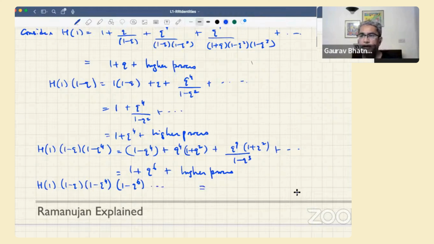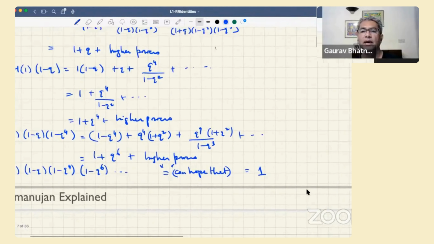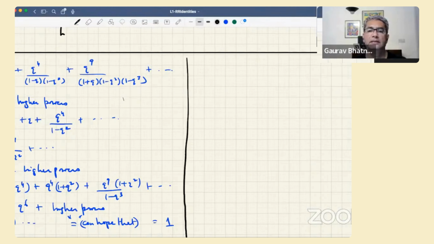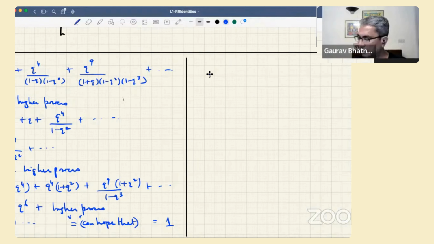And if I keep doing it infinitely, I can hope that I get 1. So brilliant. If you do this calculation a lot, you will get h1 times 1 minus q, 1 minus q to the 4, 1 minus q to the 6.